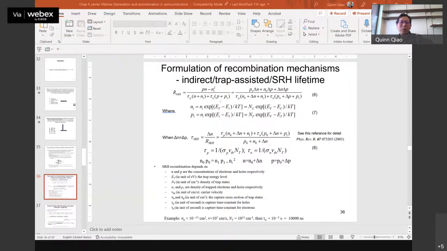Did you use this equation, this physical model, to do the modeling or no?